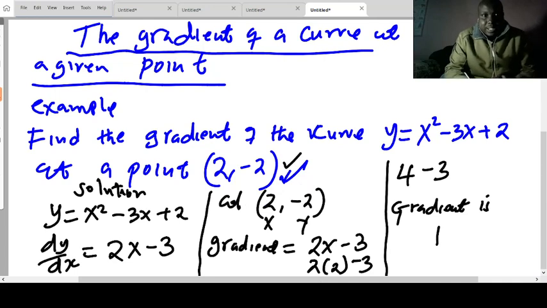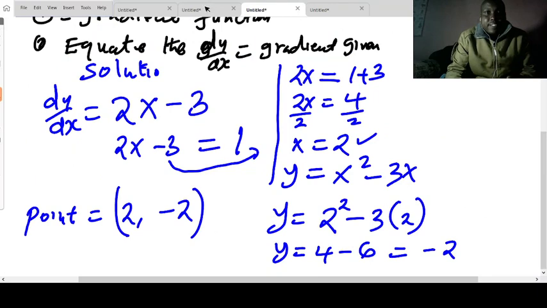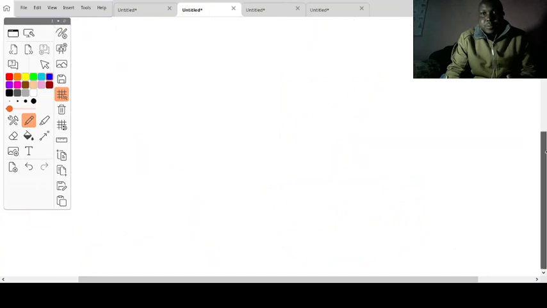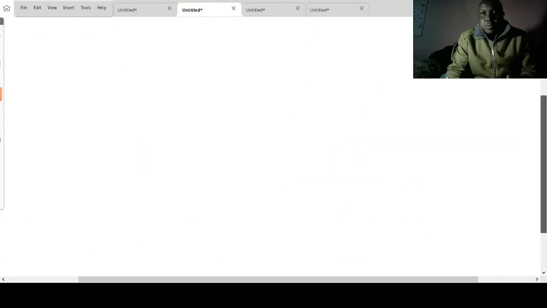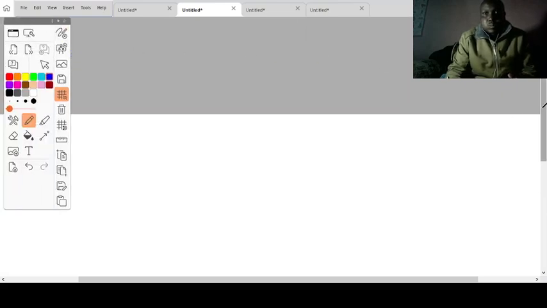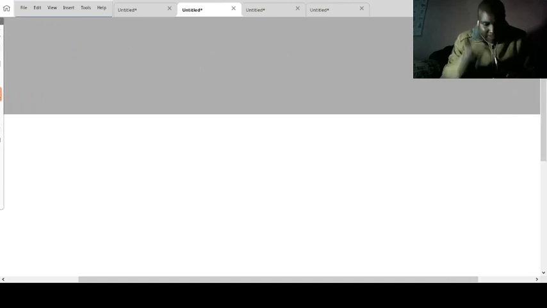The last thing I want us to do is one example of a different kind. So we are saying now, at what point, when we have the gradient.